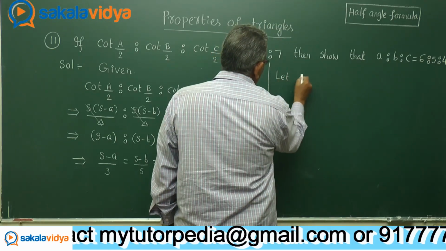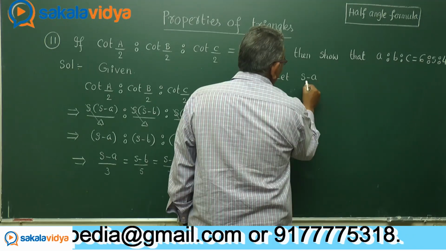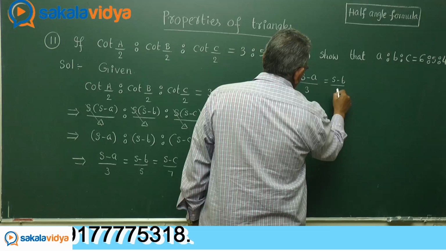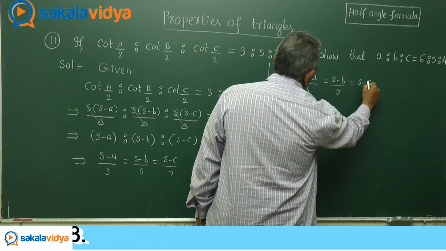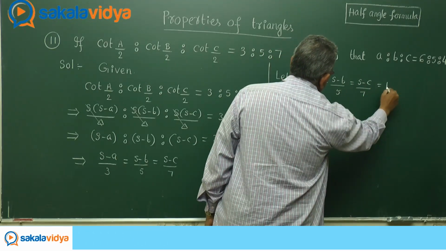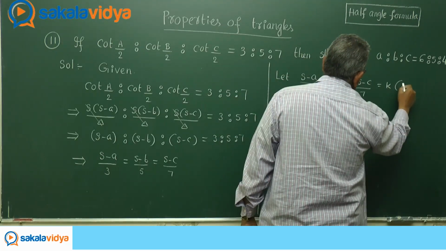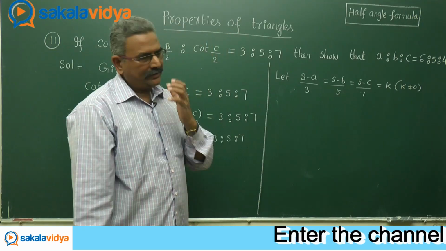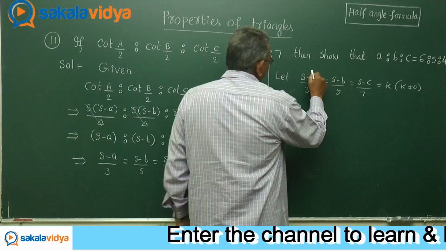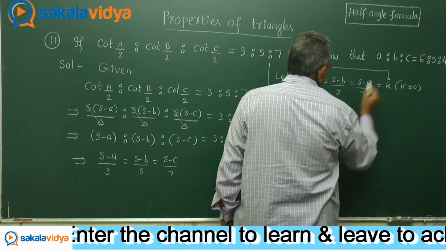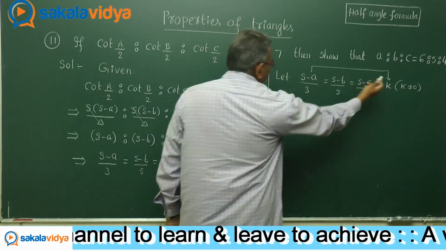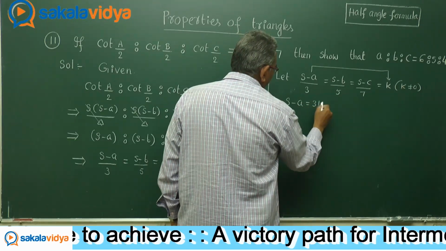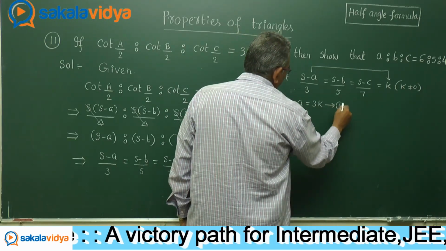Let us say s minus a by 3 equals s minus b by 5 equals s minus c by 7 equals k, where k does not equal 0. Then s minus a by 3 equals k means s minus a equals 3k, say equation 1.